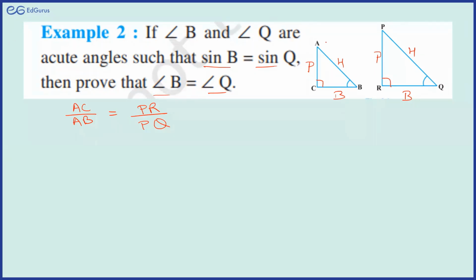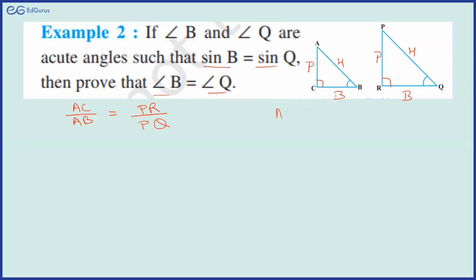So when can we say that angle B and angle Q of the two triangles will be equal? The triangle similarity criterion says that if the ratio of the sides is equal, then the angles of the triangle are also equal.